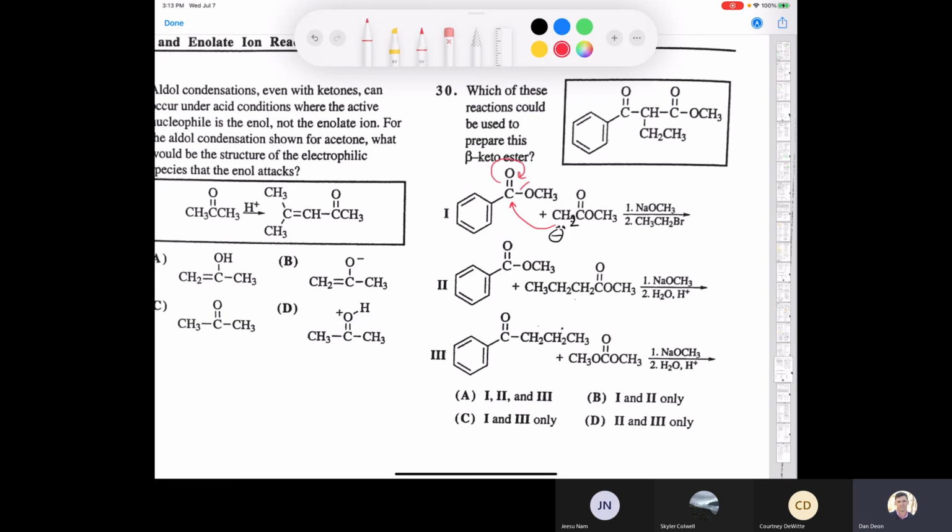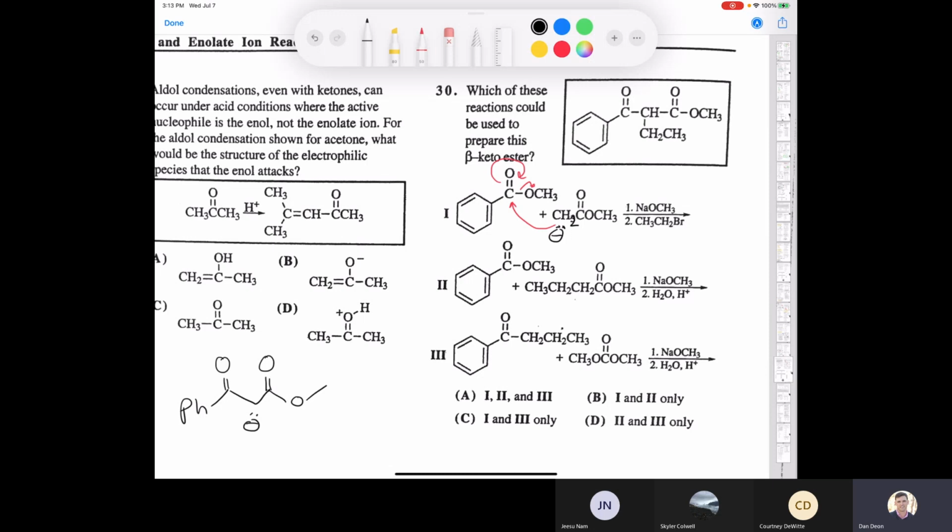You're going to end up losing this methoxy group. That is going to give you an enolate, which I can draw for you. It's going to give you this right here, where you end up with this doubly stabilized enolate.